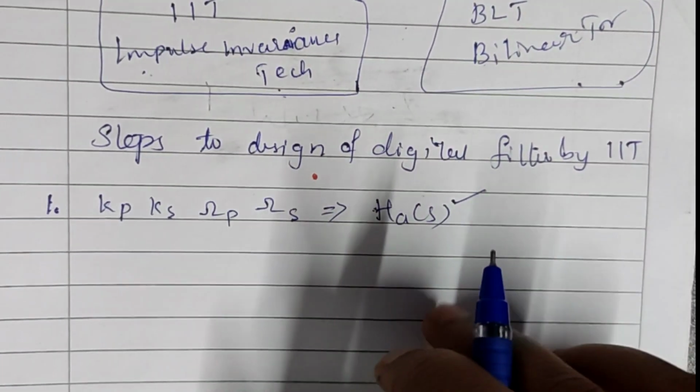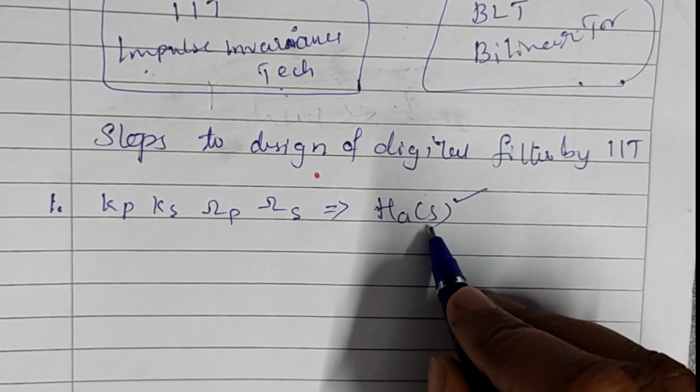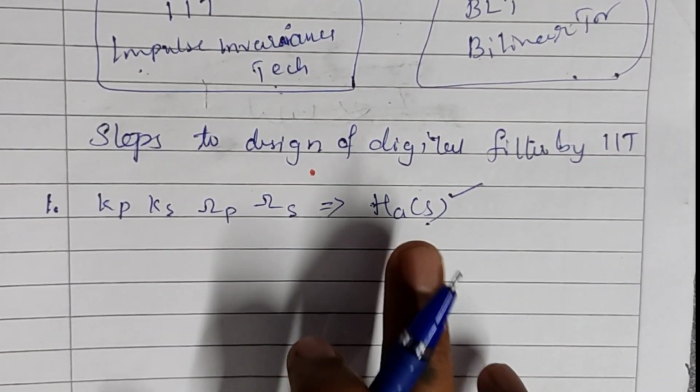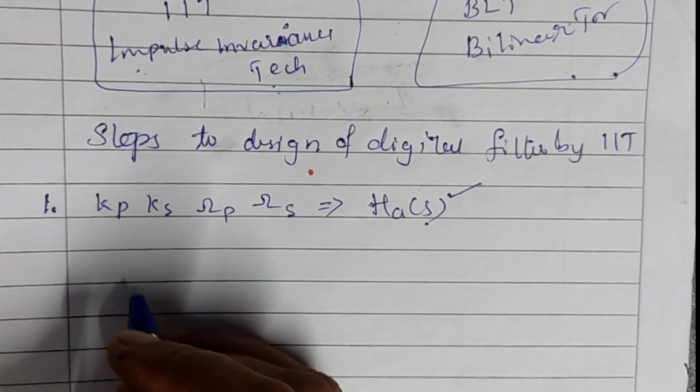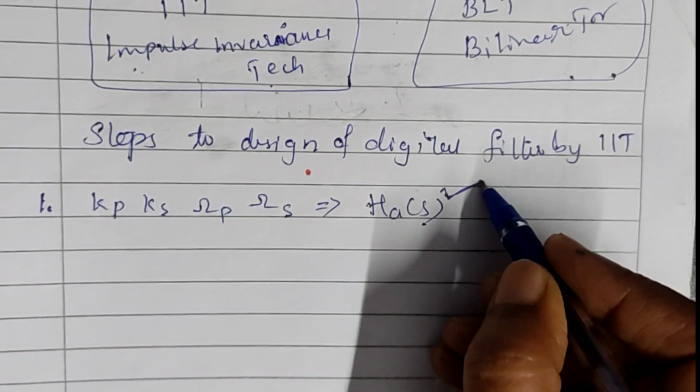In very few cases they ask us to find it. We have already discussed HA of S in the previous video. So the first step is to have this transfer function.